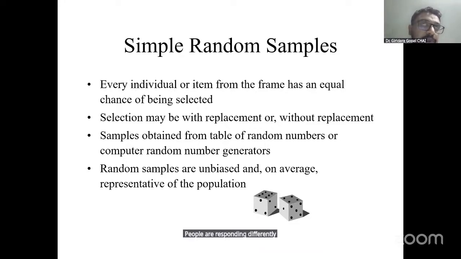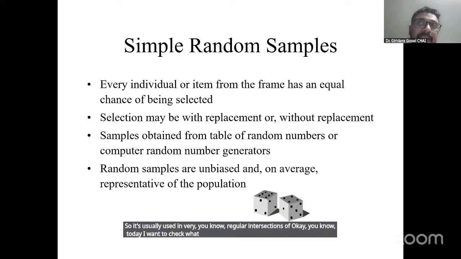You don't want to choose the poll from the remaining 80. So it's usually used when you want to check what the popular opinion is today. You choose 200 and then you put the 200 people back again. So it is possible that the same individual may be interviewed more than once. That is the issue with it.